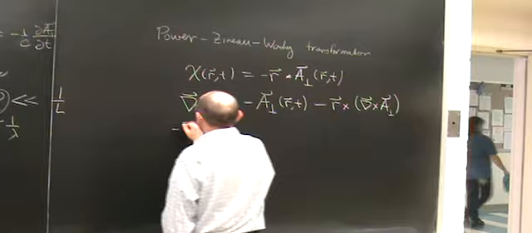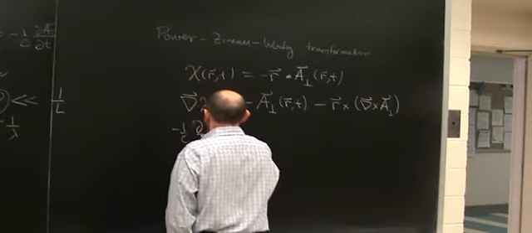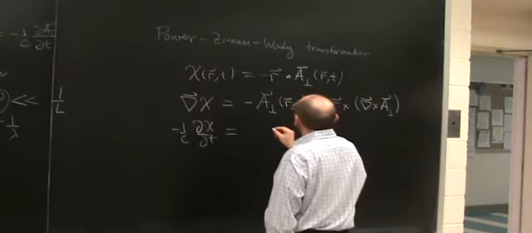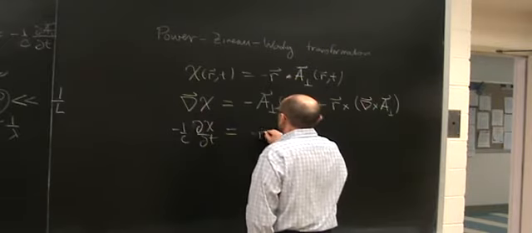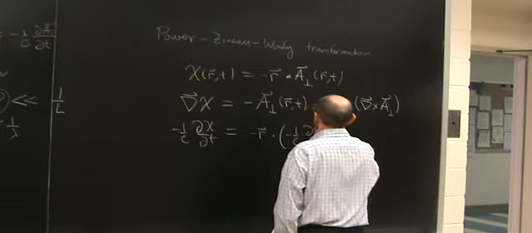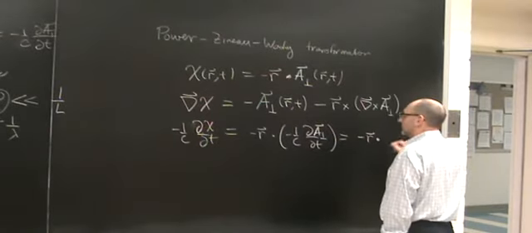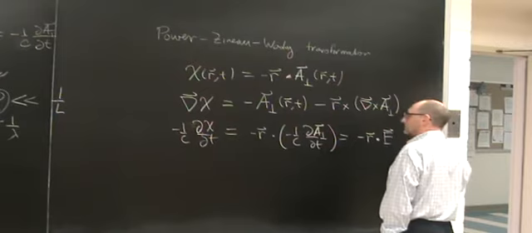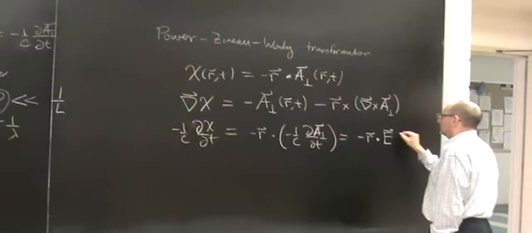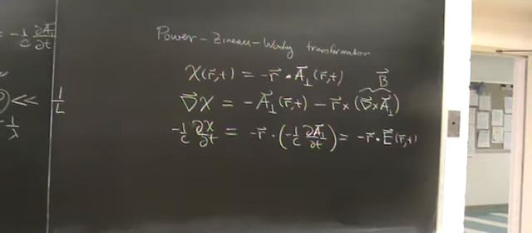And minus 1 over c d chi dt is equal to minus R dotted into, which is minus R dotted into E. And this is D. So I'd make my gauge transformation in this problem.